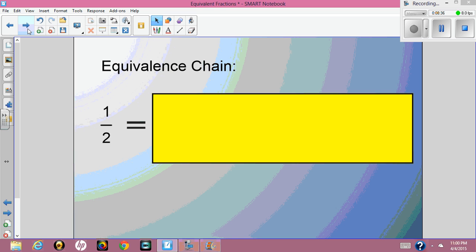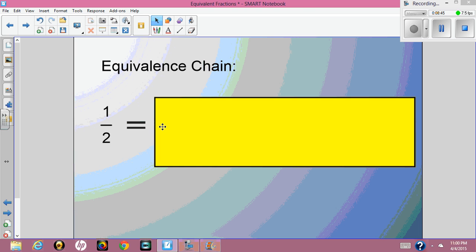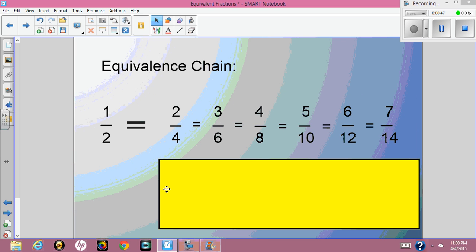Let's look at this equivalence chain. First of all, we have a half here. Let's look at what fractions are equal to half. We have 2/4, 3/6, 4/8, 5/10, 6/12, and 7/14.